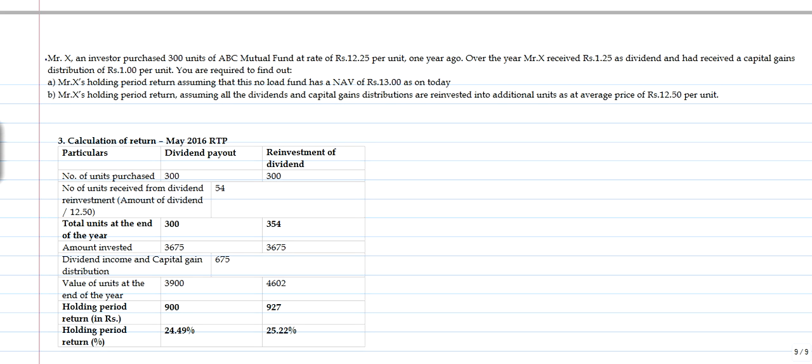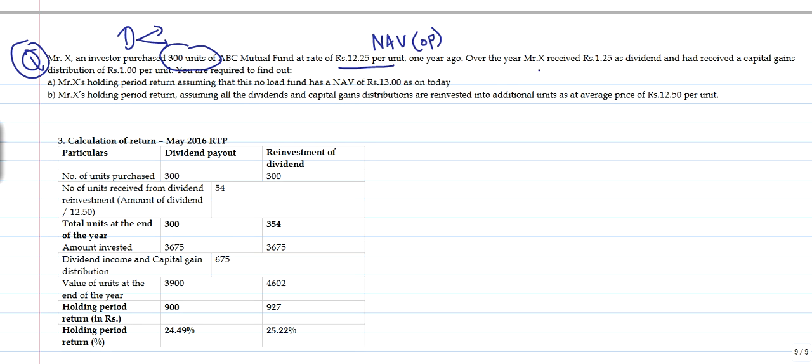One more question. Again, this is with regard to dividend, reinvestment and the payoff. Mr. X, an investor, purchased 300 units of ABC mutual fund at the rate of 12.25 per unit. So this is the NAV at opening, 1 year ago.